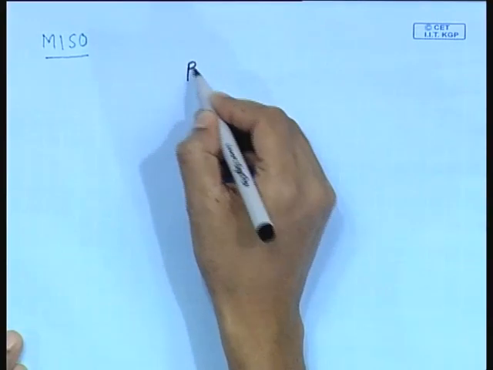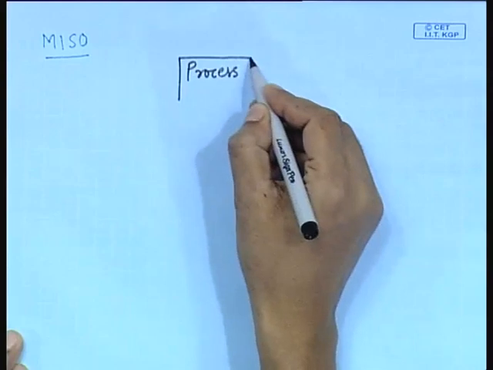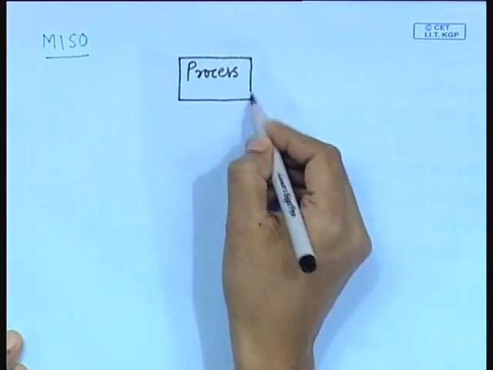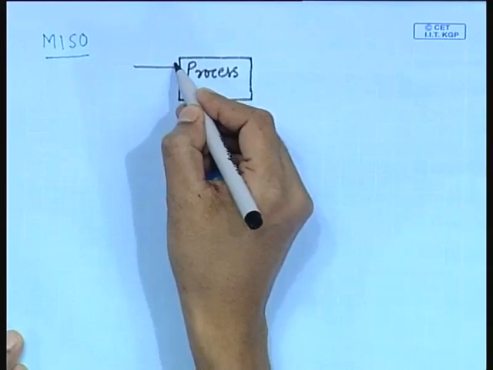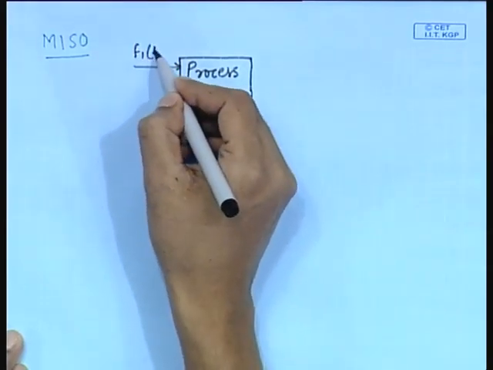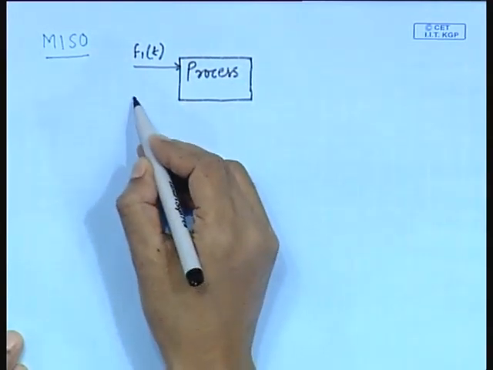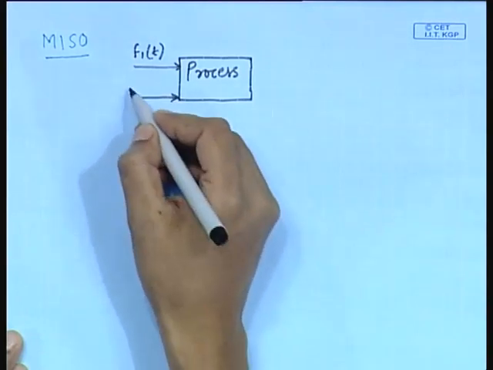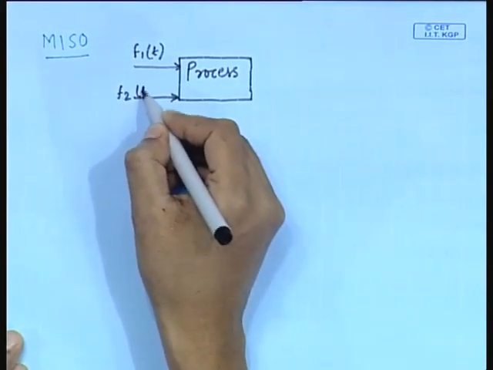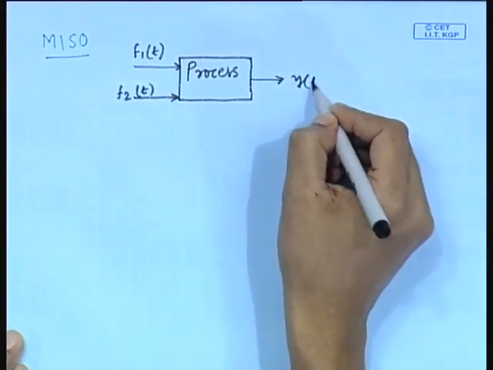So, the process we can represent by this. Suppose this is the process, this is one input represented by f_1(t), another input we will represent by f_2(t), and a single output, that is y(t).